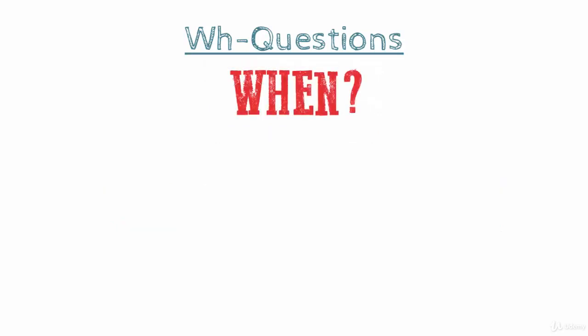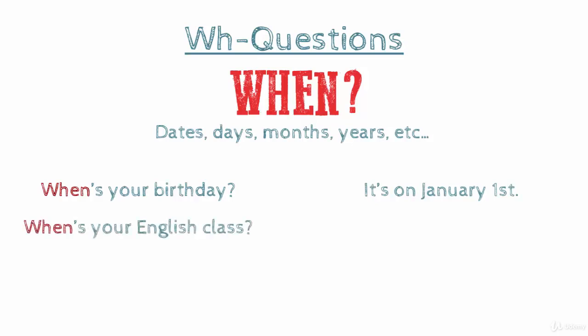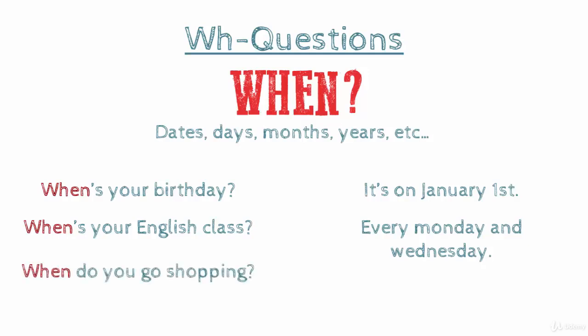Let's go to the next WH question. We use when to talk about dates, days, months, years, etc. Okay? Let's see some examples. When's your birthday? It's on January 1st. And that's true, guys. Remember that. When's your English class? Every Monday and Wednesday. When do you go shopping?